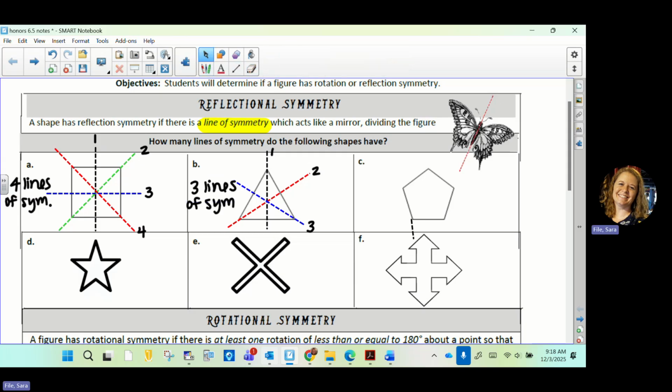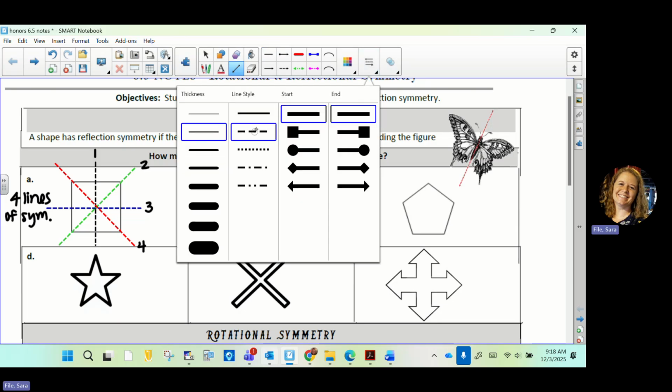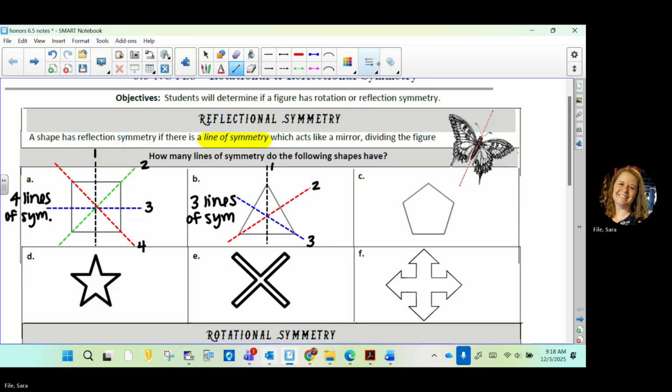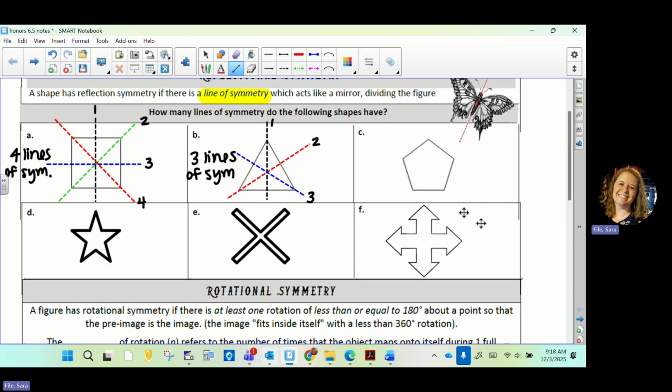What about this next one? What shape is this? There's 5 sides. That's a pentagon. Does this pentagon have a line of symmetry? Where could I draw a line of symmetry here? Just like vertically through that top vertex? Yeah.